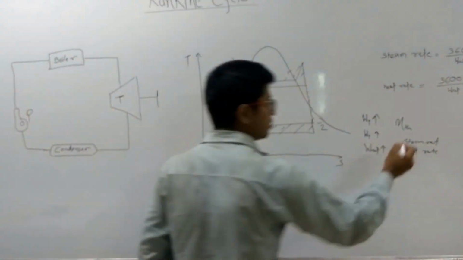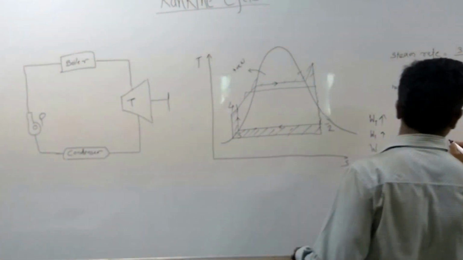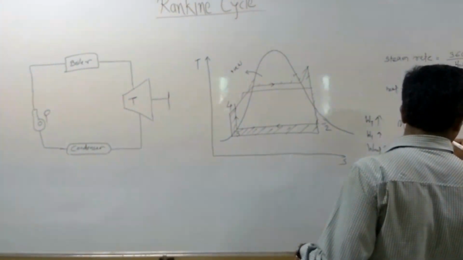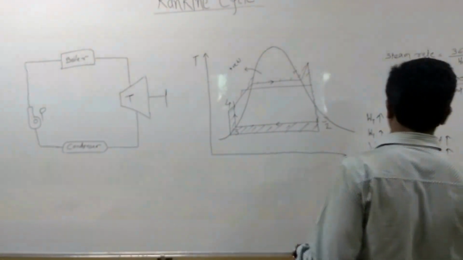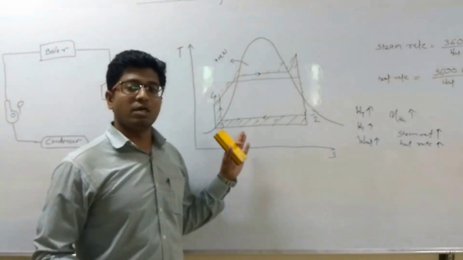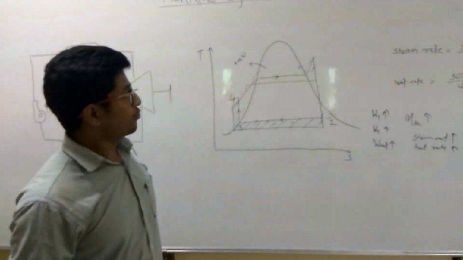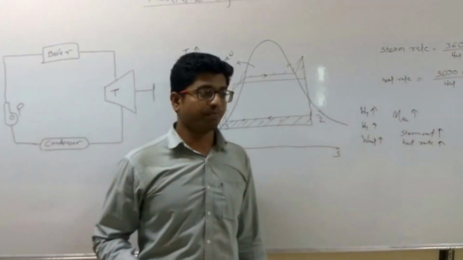Efficiency of the cycle will also increase, and steam rate is increasing and heat rate is also increasing. And in this case, condenser load is also increasing. So, okay, thank you.